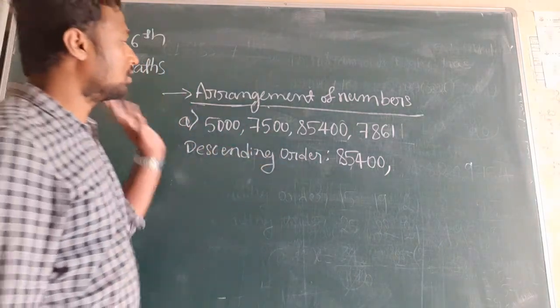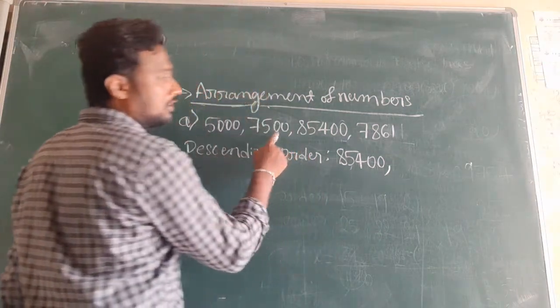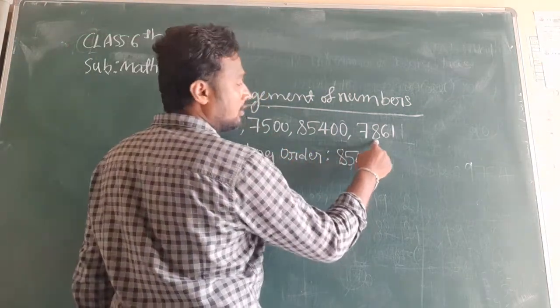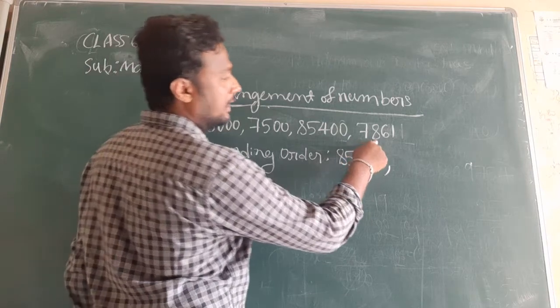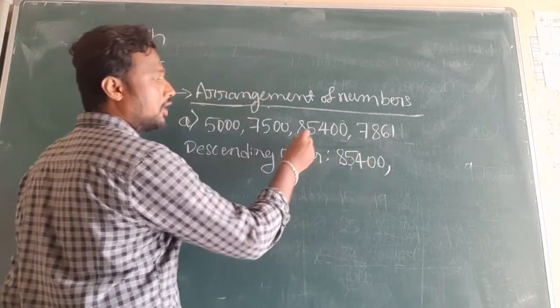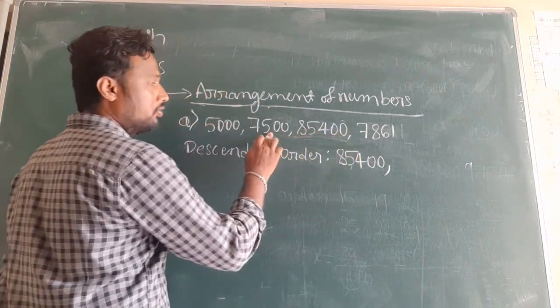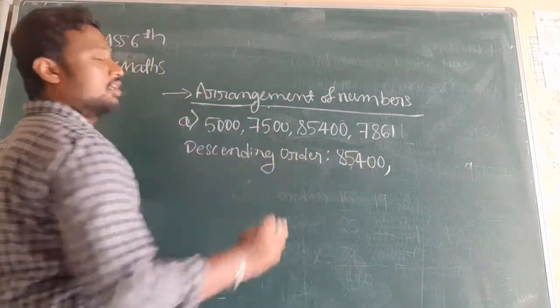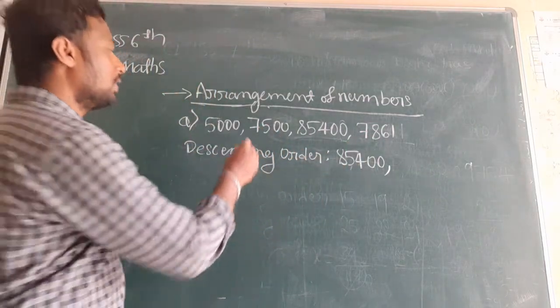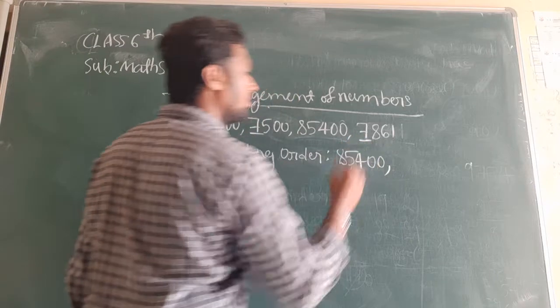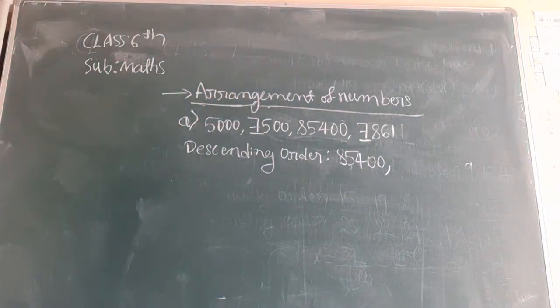So now I will leave this 5,000. Again I will check this 7,500 with the next number, that is 7,861, because already we have written this number. When you compare these two numbers, you can tell that here also we have 7 and here also we have 7 in the thousands position.